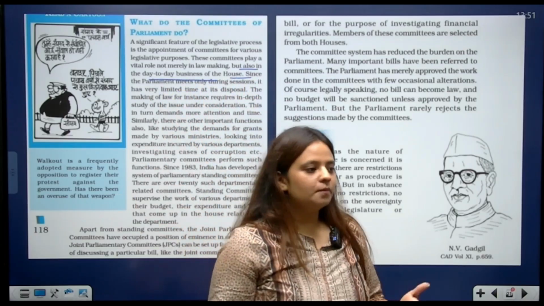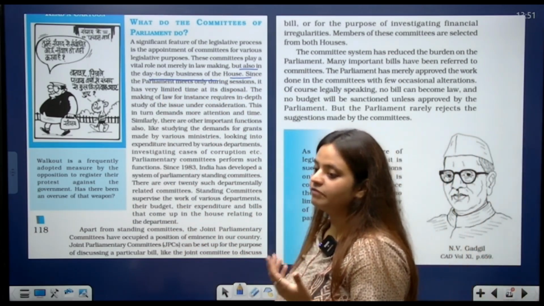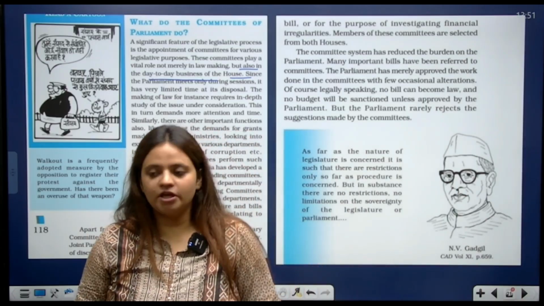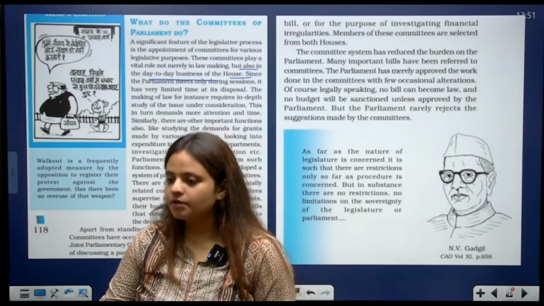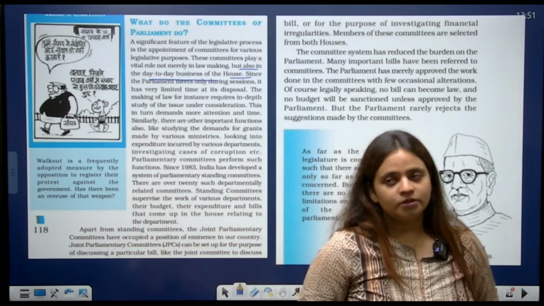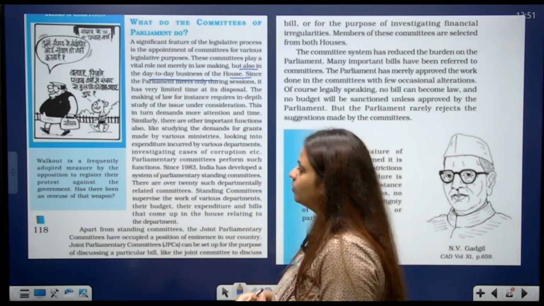And what do committees do? What is the main work of committees? They see the grants that the government has asked for, the implications of the law, whether it is just or not, and whether there is any corruption going on within the government. So the committees keep a check on the government.